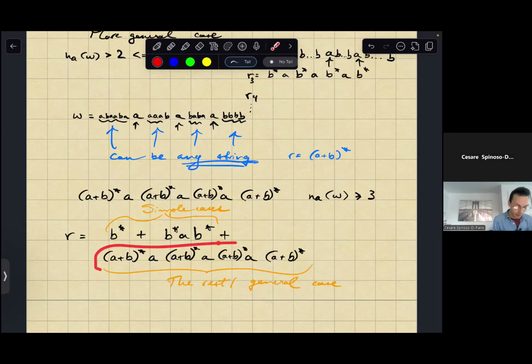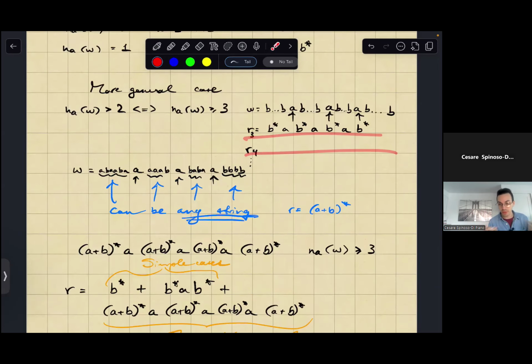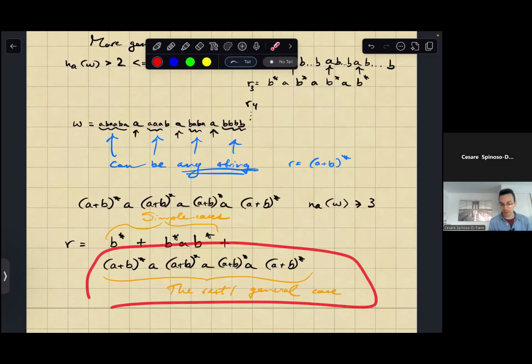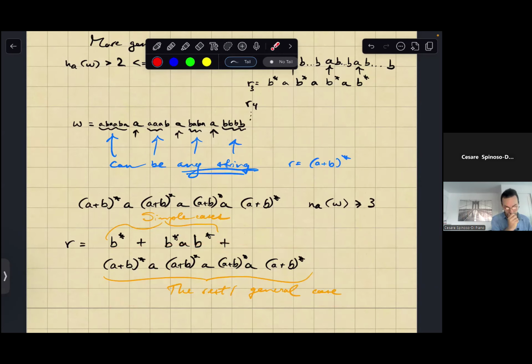That's kind of what we did here, when we were talking about how we could maybe hard code every single case, but then my regular expression would blow up and become infinite. And that was covered by this second case here. Okay, and so that's one way of creating a regular expression that describes the language in this question.